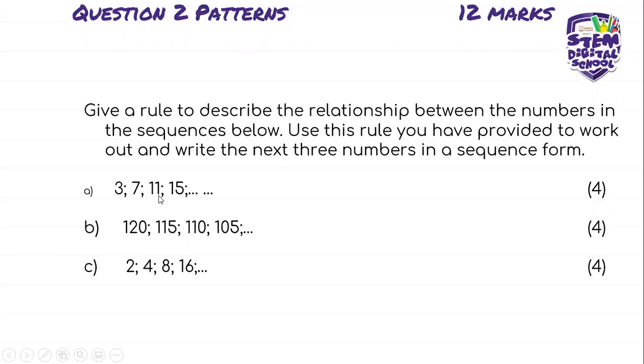In the same way, if you add 4 to 11, you get 15. So the rule is plus 4. And then for the next 3 terms, Fizana says the next one will be 19 and then followed by 23. I agree with you, Fizana, but you only gave me 2 terms. Can you give me the last one, please?